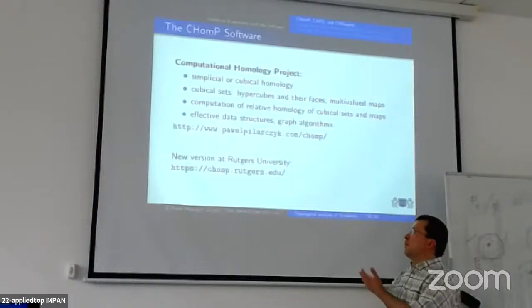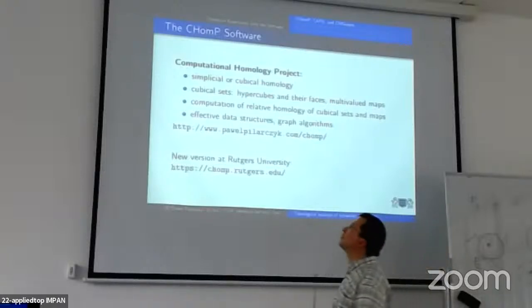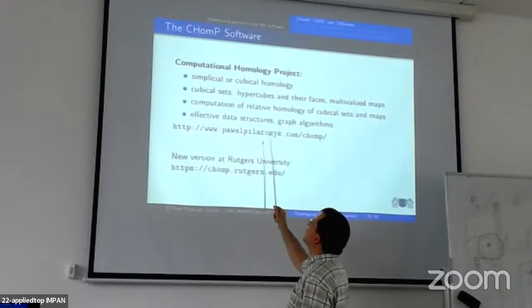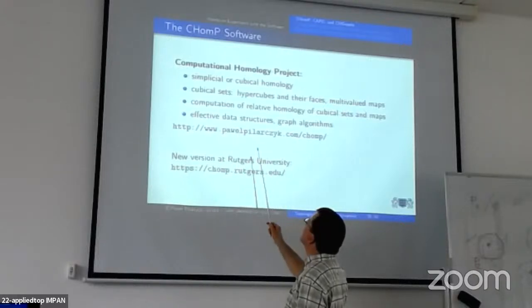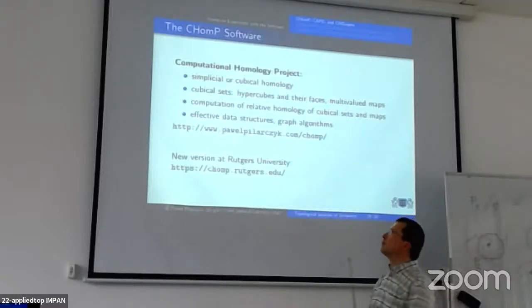Well, from the point of view of this research and this project, it is a very practical reason, but everything could be done in terms of simplicial complexes also, except computing maps in homology would be much more demanding. So this software contains routines for computing relative homology, cubical sets of maps, effective data structures, and also graph algorithms like for computing strongly connected path components.